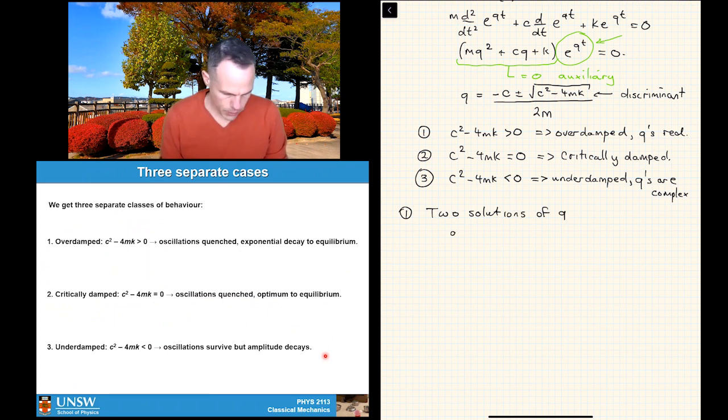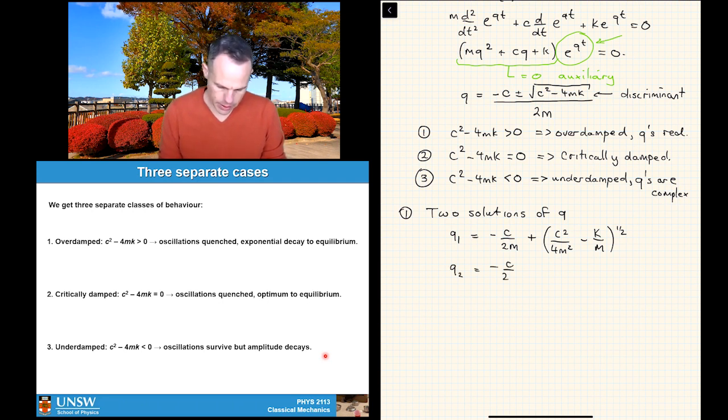We can call them q1, and it will be minus c on 2m, so all we're doing is just splitting up the quotient above, plus open brackets c squared on 4m squared minus k on m. And q2 is exactly the same thing with a minus sign in between the two solutions, like so.